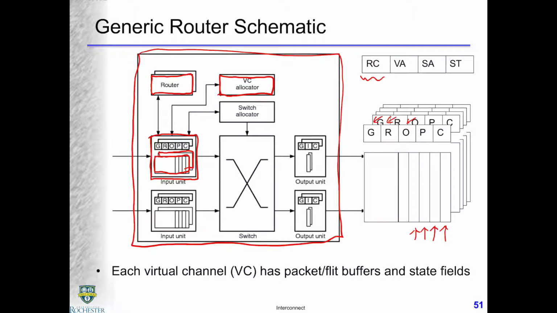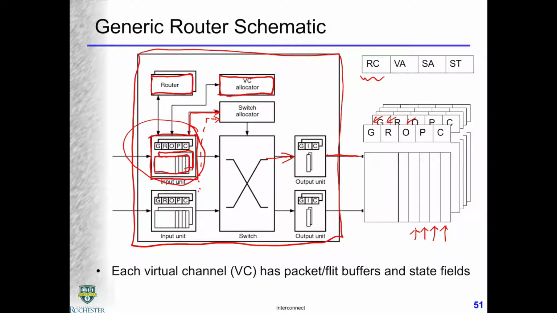And once you decide what that virtual channel is, you go to the switch allocator. And this is really every channel's information centralized to the switch allocator, which decides who's going to use the switch this cycle so that the data comes out to the output unit. The output unit is effectively connected to the input port. So this is the same thing as downstream, this component over here, right?